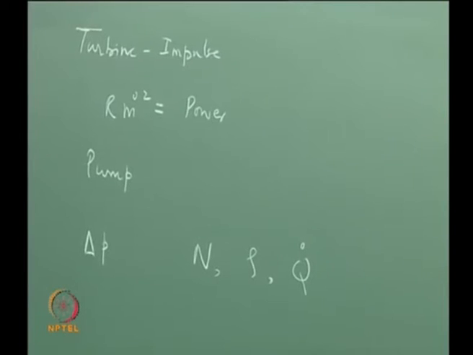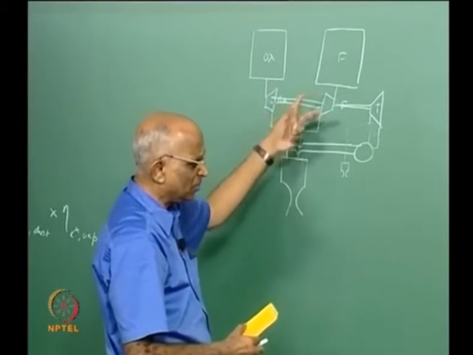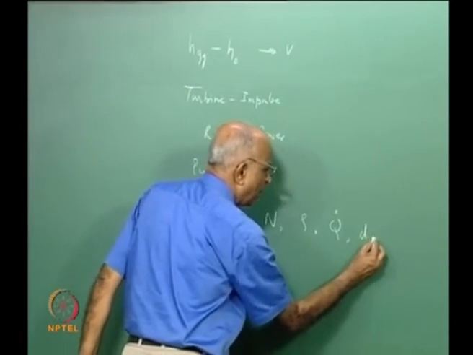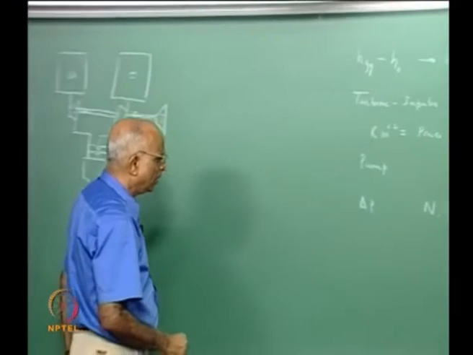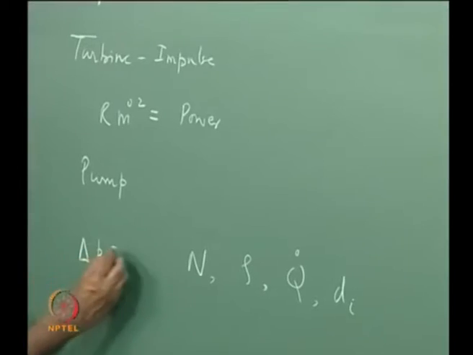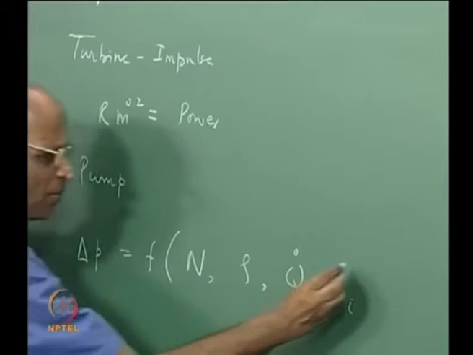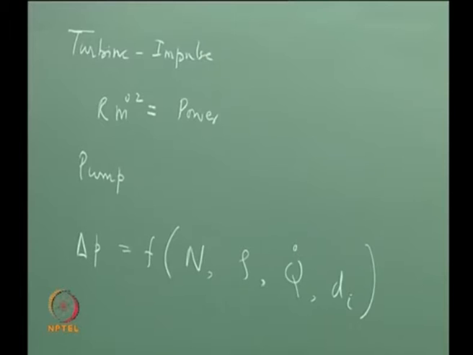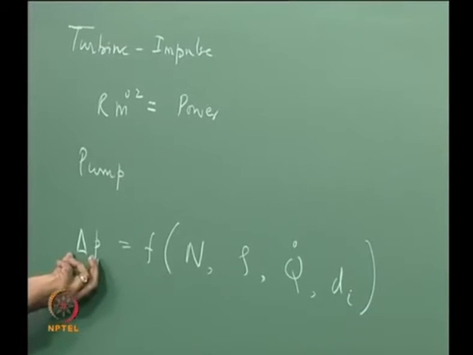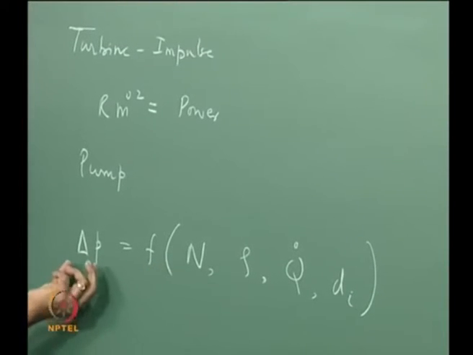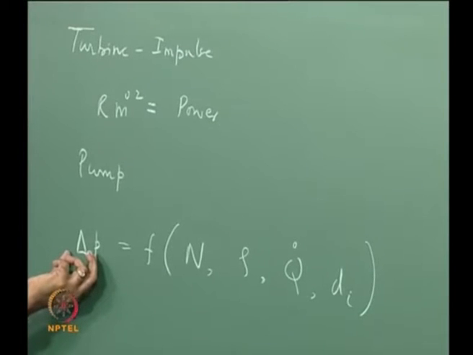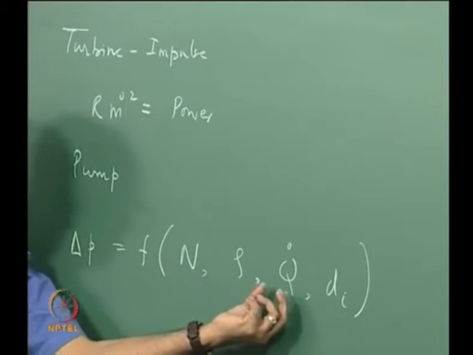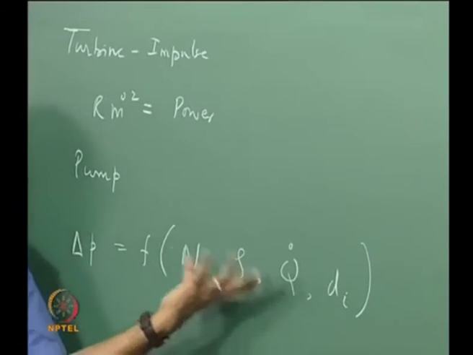Speed must also depend on the dimensions, a nominal dimension like the diameter of the impeller or some mean diameter of the system. Therefore, the head developed by a pump must be a function of a set of parameters. To quantify the pressure rise in a pump, I need these parameters, and the number of parameters which affect the performance of pumps are delta P, the speed, the density, and the flow rate, and this is quite representative.